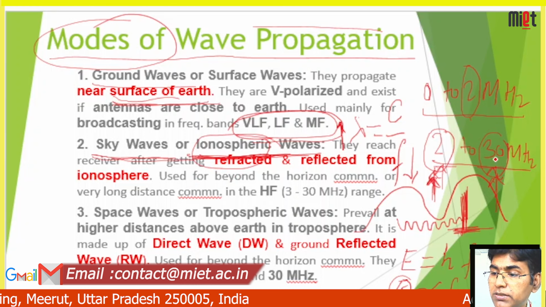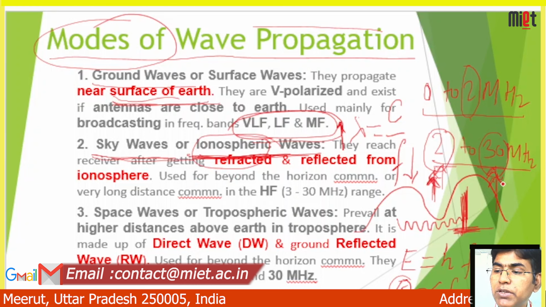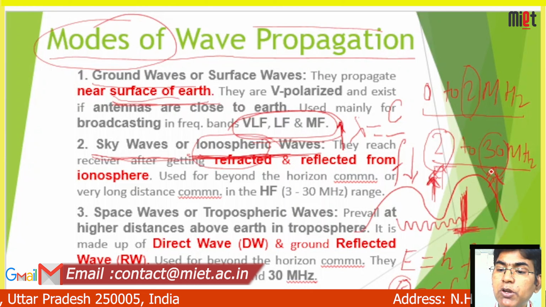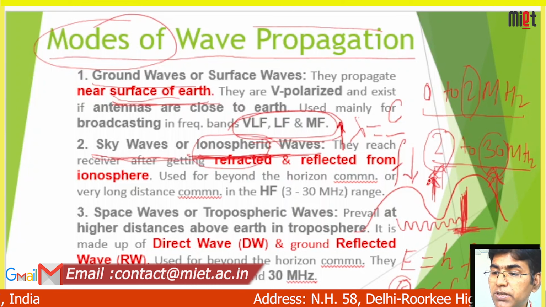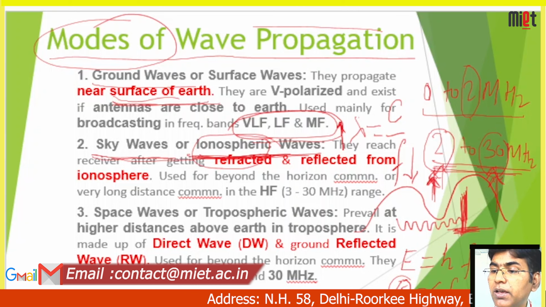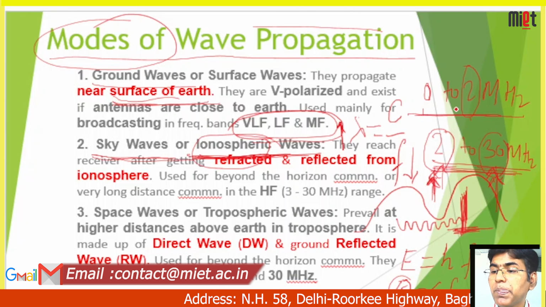Up till this frequency, energy of the electromagnetic wave will be such that it will not be able to penetrate the ionosphere, and therefore it will definitely come back after refraction towards the receiver side. So this is the range which is used in sky wave propagation. This is the range which is used in ground wave propagation.